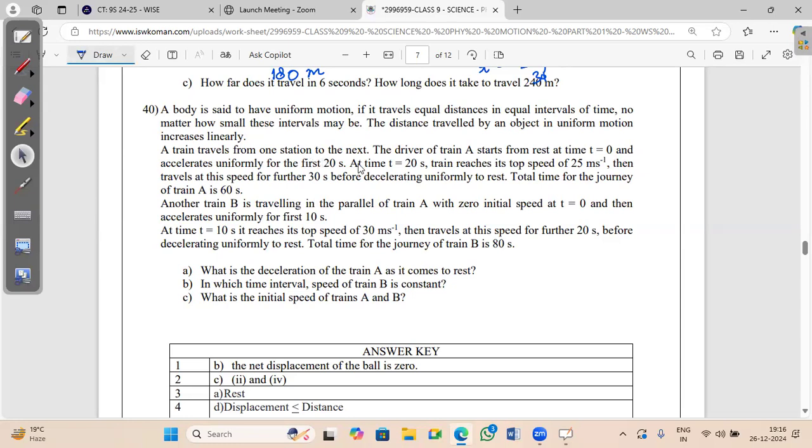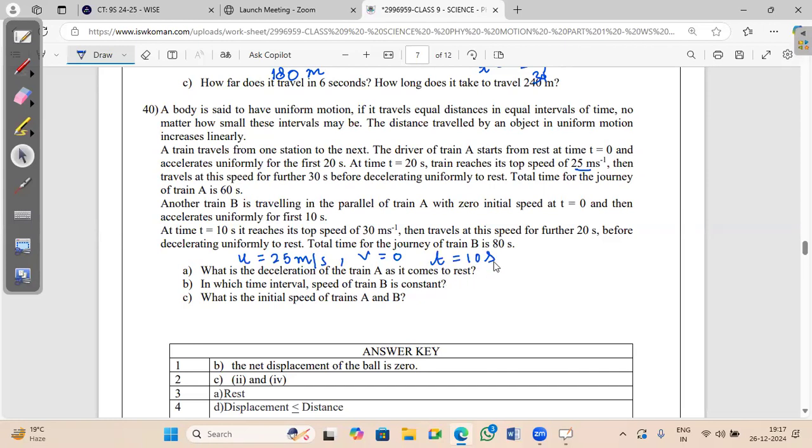For the first one, train A has attained the top speed of 25 meters per second, and then it travels at that speed for 30 seconds before decelerating uniformly to rest. So it decelerates uniformly to rest. Its initial velocity was 25 meters per second. Its final velocity was 0. The time for this journey is 10 seconds.